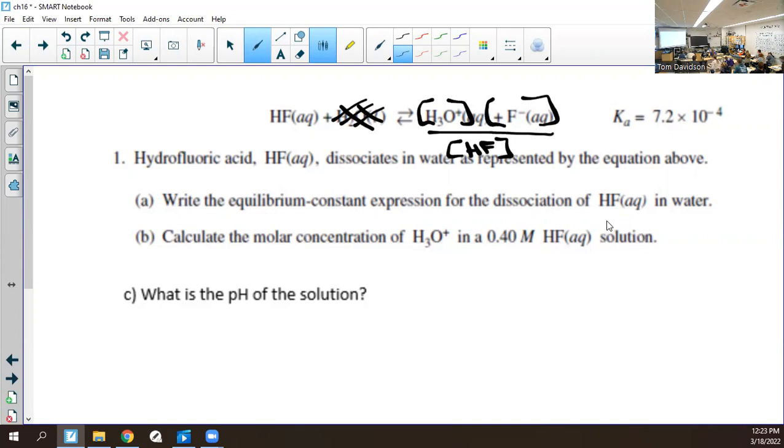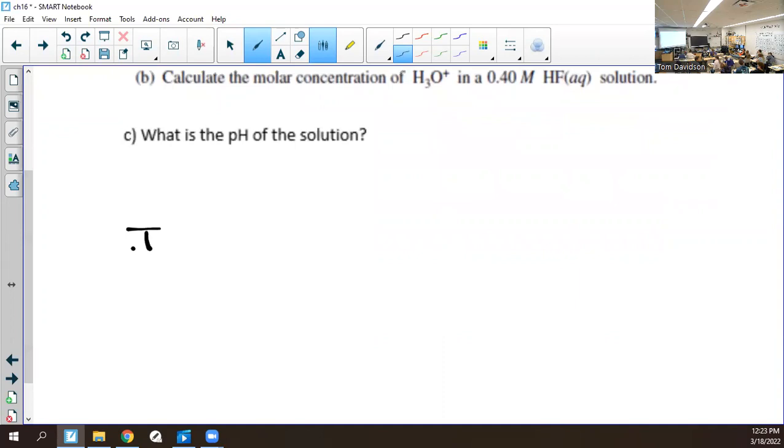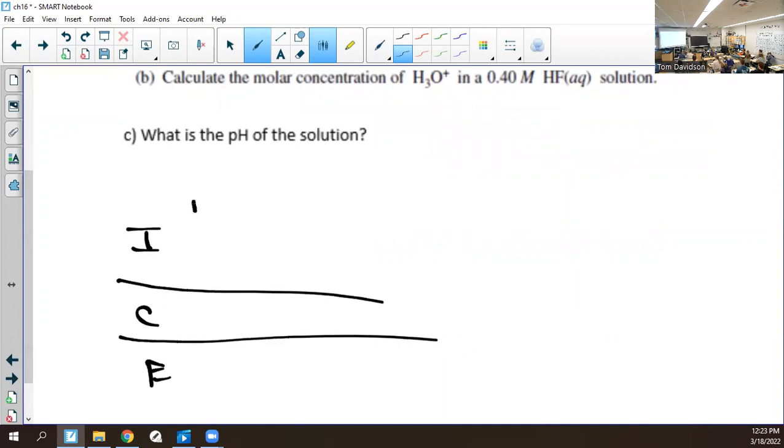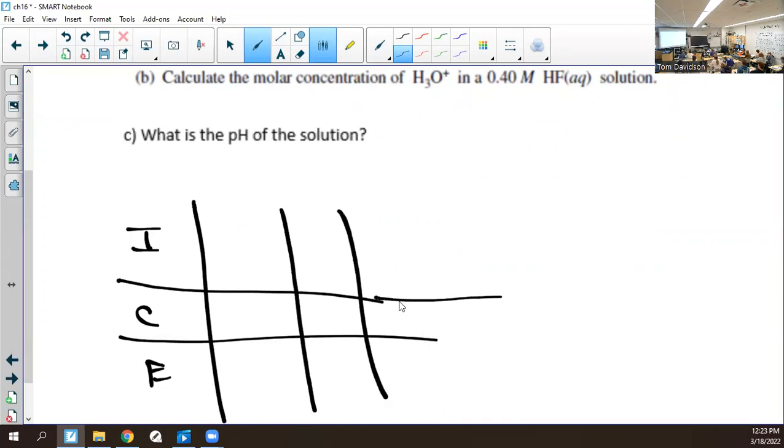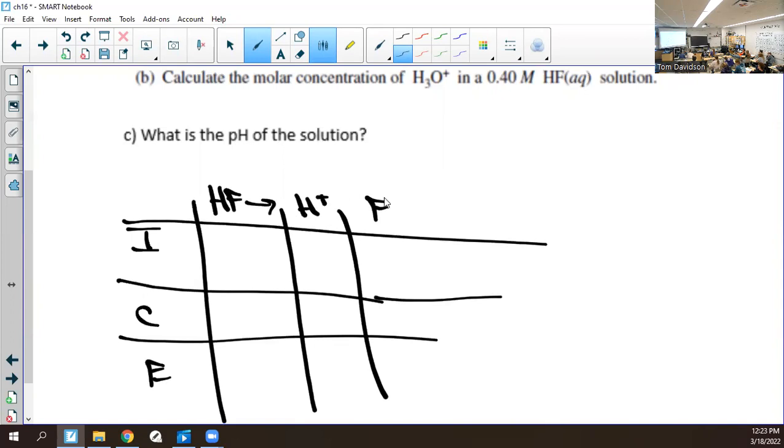All right, so if we were to do an ICE table, which we should technically do and then do some algebra, but no one's got time for it. All right, this is just HF, right? All I know is this, correct?